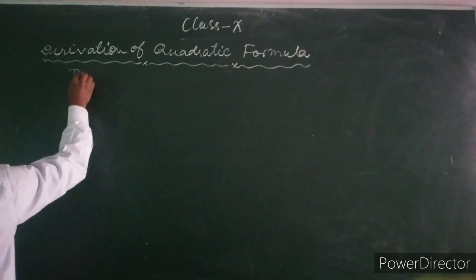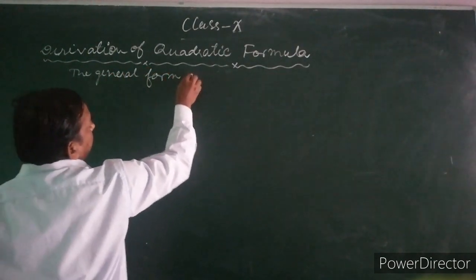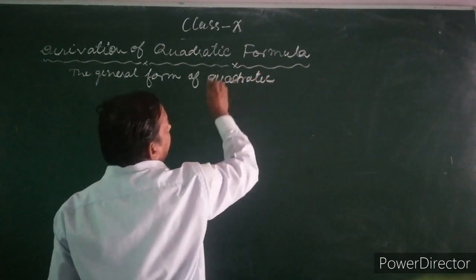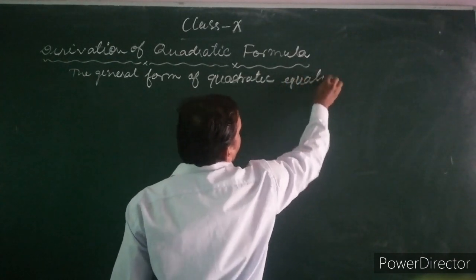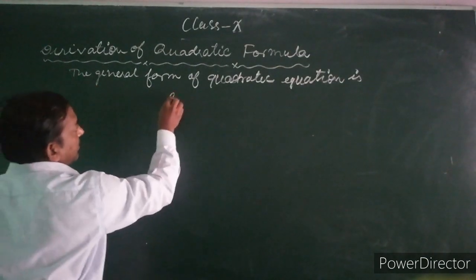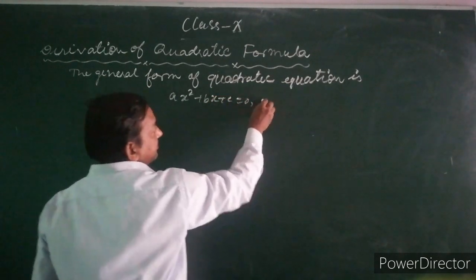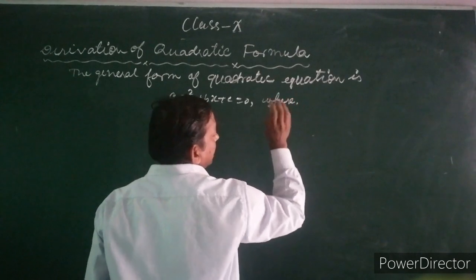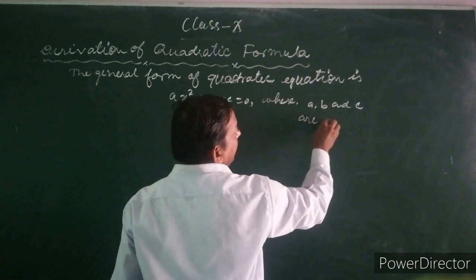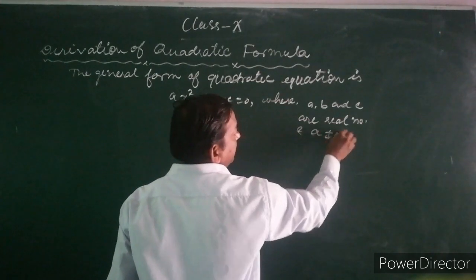The general quadratic equation is ax square plus bx plus c is equal to 0, where a, b and c are real numbers and a is not equal to 0.